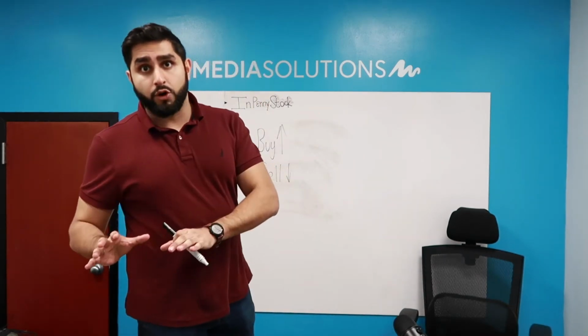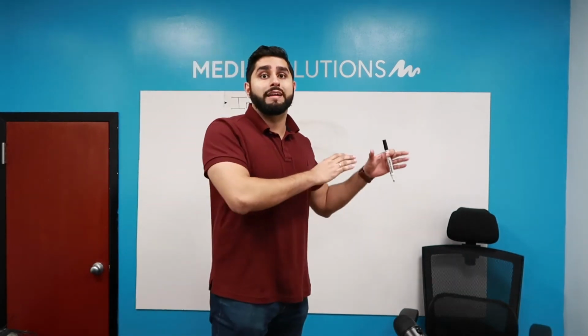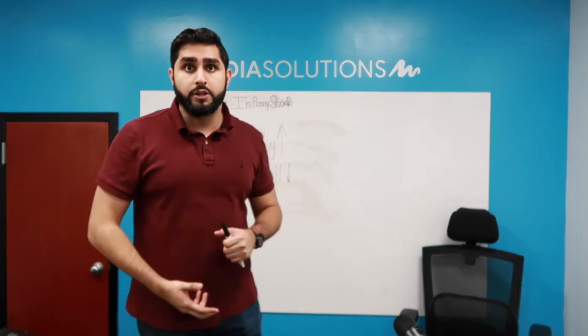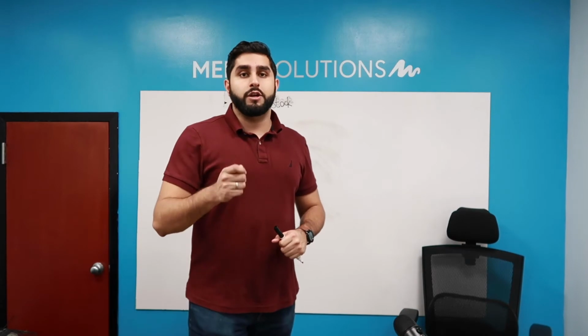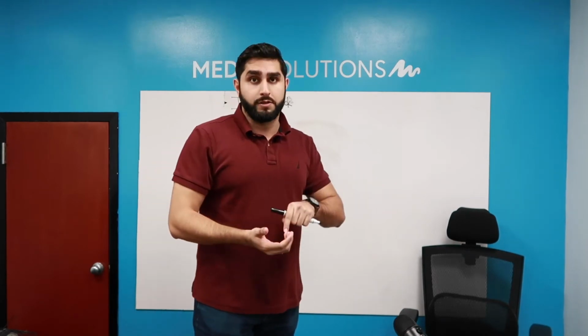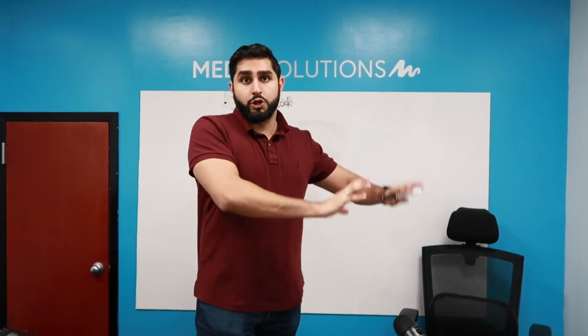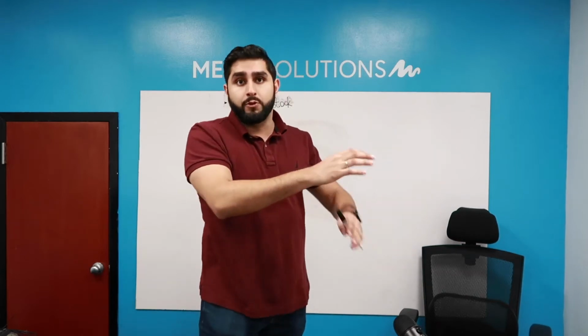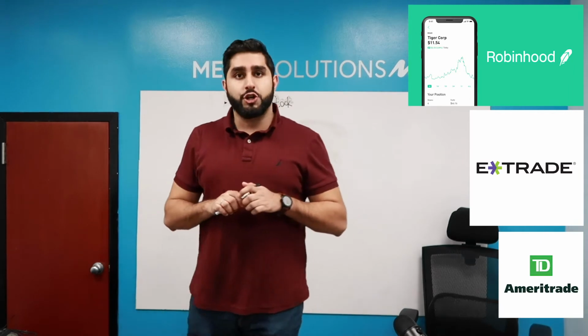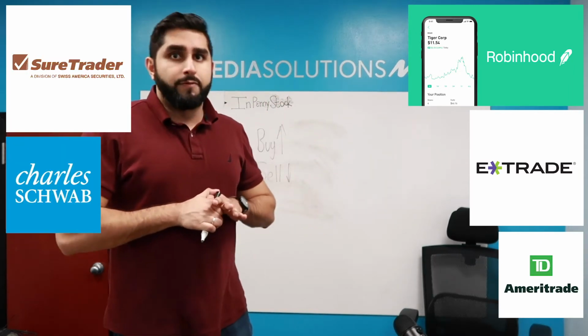Going back to the exchanges, you have that broker that you have to work with in order to buy and sell stocks. But because of the internet and technology, fortunately you can just use online platforms and they route the order to the broker, who then works on your behalf to get that done. You've probably heard of some popular ones: Robinhood, E-Trade, TD Ameritrade, SureTrader, Charles Schwab, Fidelity.